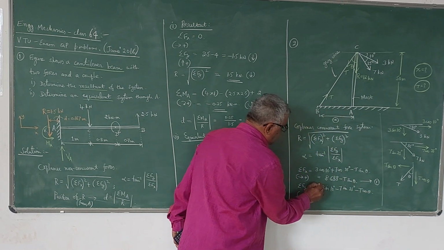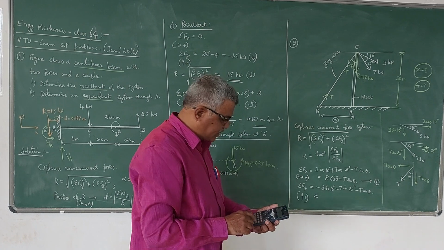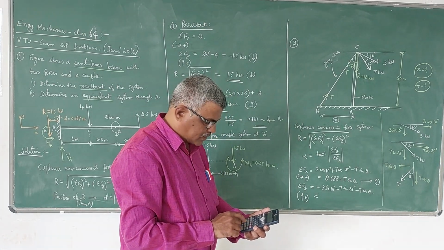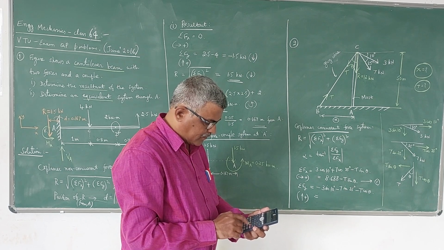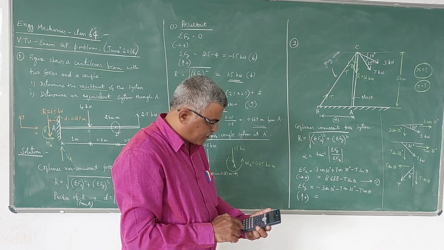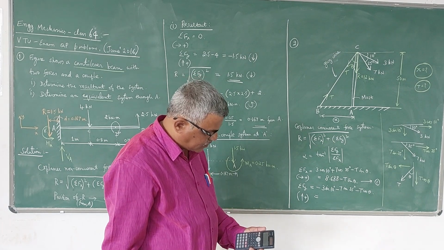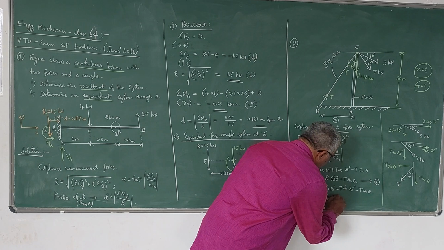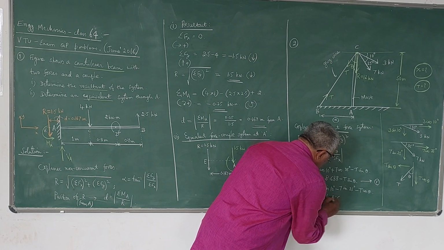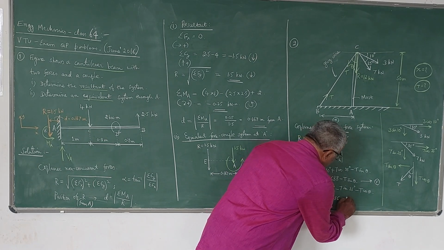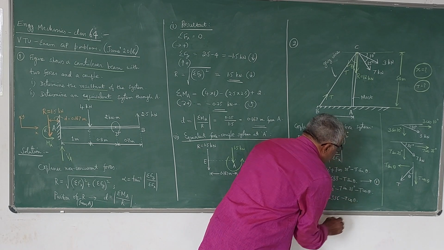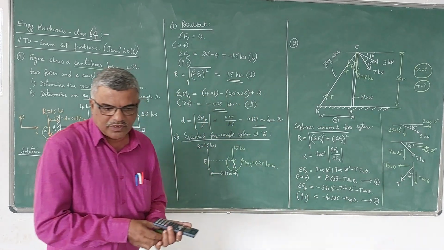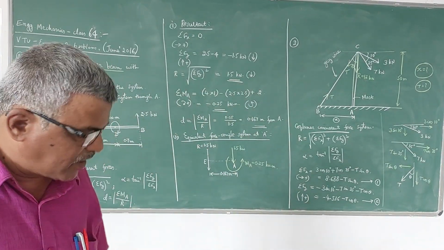If you simplify this, 3 into sin 10 plus 7 into sin 35 will be minus 4.536, minus T cos theta. So this is equation 2. Now we got the values of sigma Fx and sigma Fy.